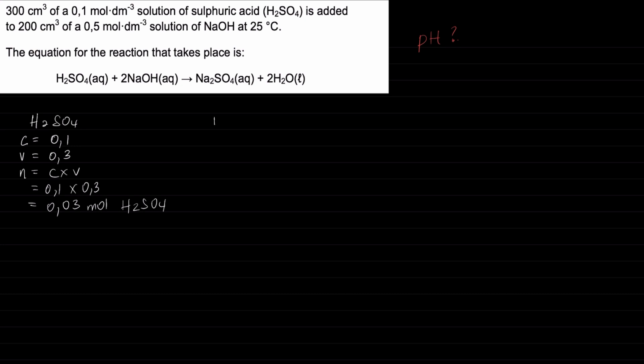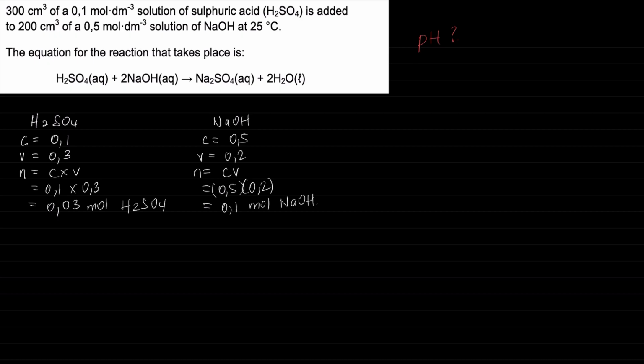Now repeat for NaOH. So NaOH, we've been given a concentration of 0.5, a volume of 0.2, and then number of moles is CV, 0.5 times 0.2, and that gives us 0.1 moles of NaOH.